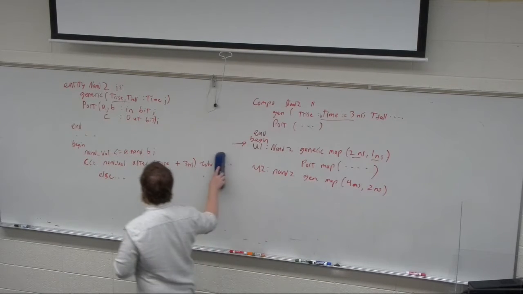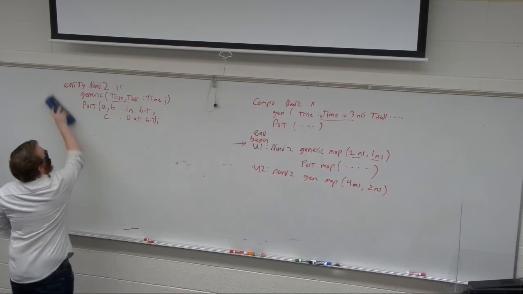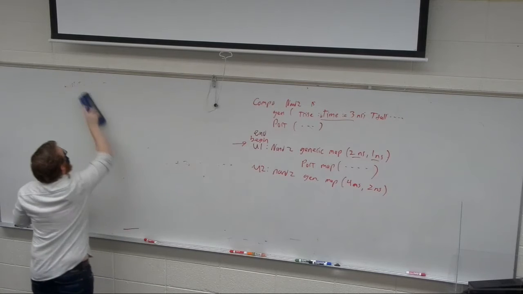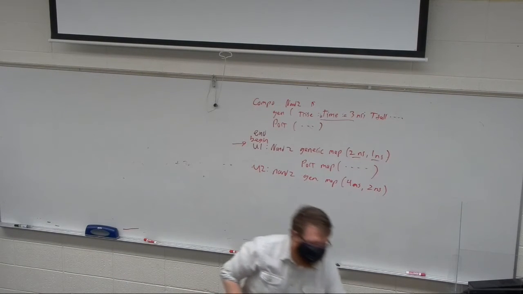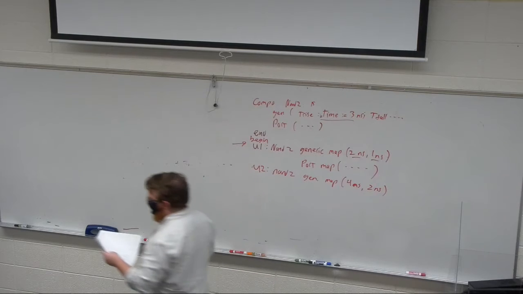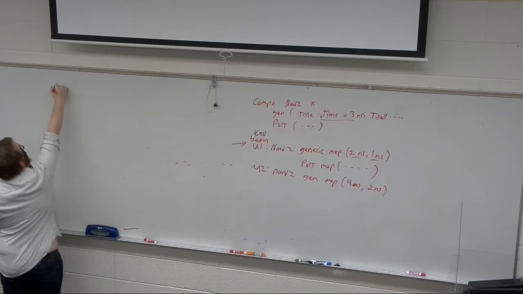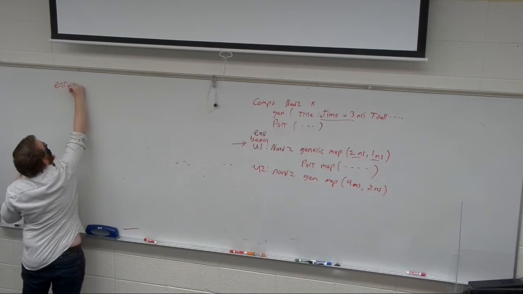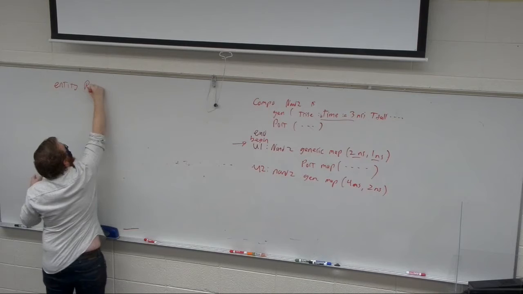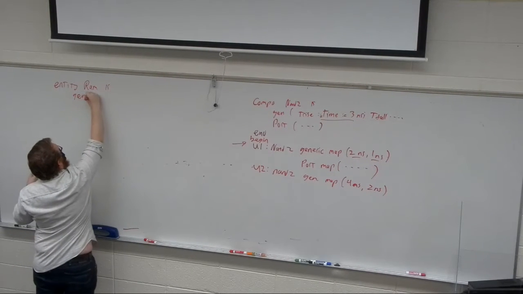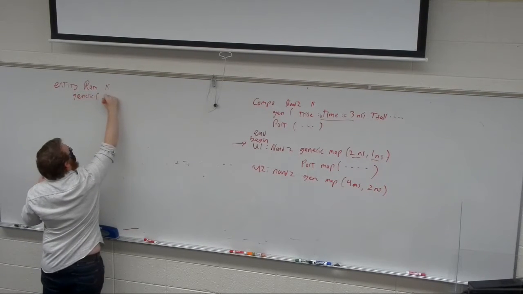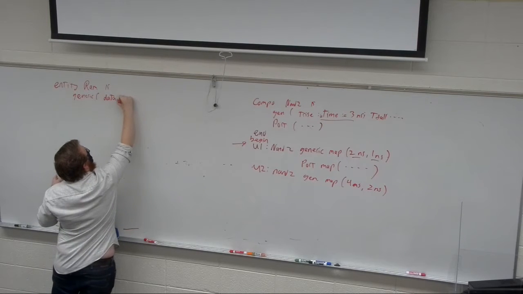So let's build something a little closer to home for us. Let's think about this with a memory. We can do the exact same thing. We're going to say I have an entity, and we're going to call it RAM. It's going to have the generics, and I want to have variable data widths.